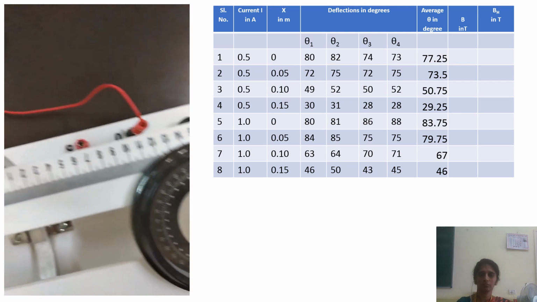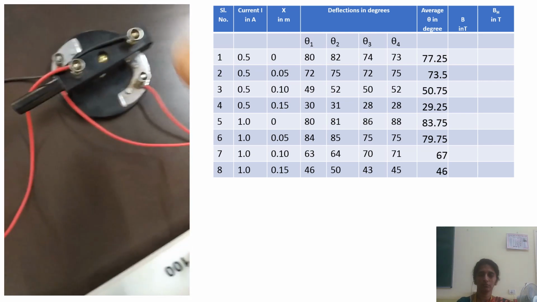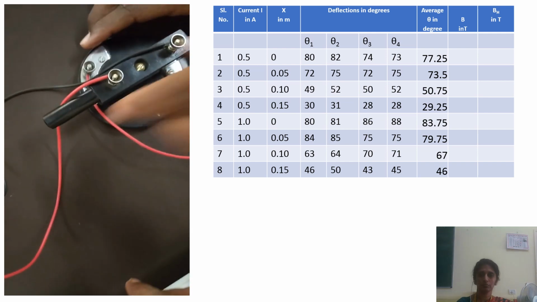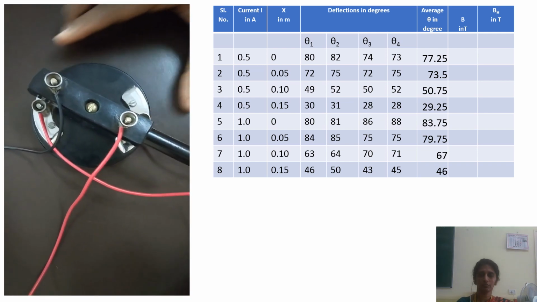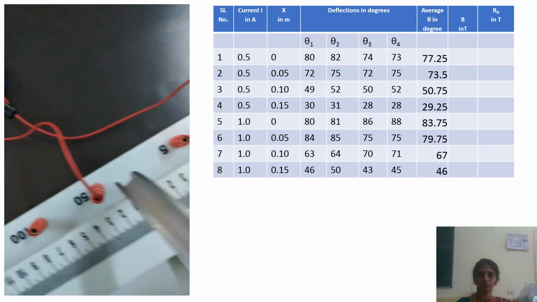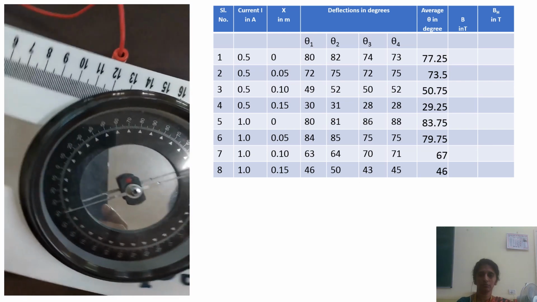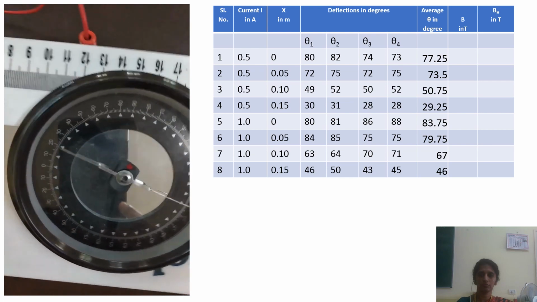Now let us reverse the direction of the current and note down again theta 3 and theta 4.